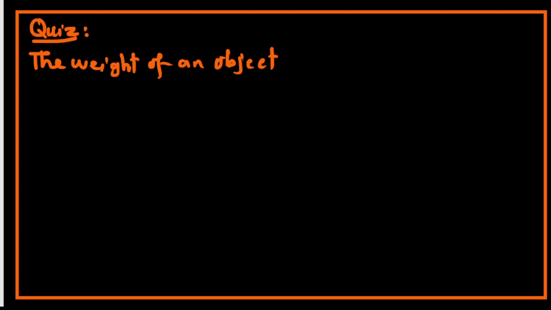Quiz. The weight of an object is 100 Newton in air. Without putting this in air, by default you should still take it as weight in air, except the question means something else.